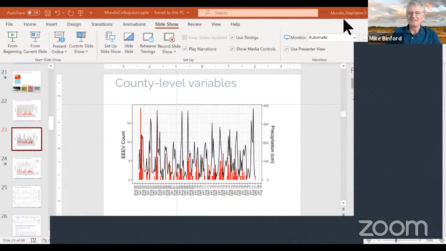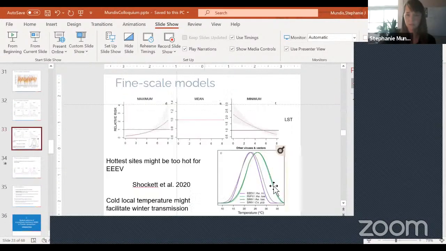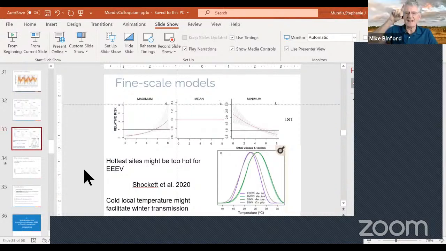Your advisor is famous for showing that the assumed temperature and tolerance curves are not Gaussian in some cases. You showed a series of nice bell-shaped curves for high temperature, low temperature, and the high in the middle. Are those done from lab experiments, or are those assumed temperature tolerances? These are the ones that had several different species and their temperature dependence, their tolerance to temperature and their optimum in the center. Yeah, that one.